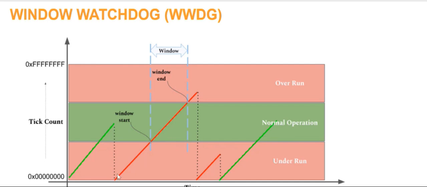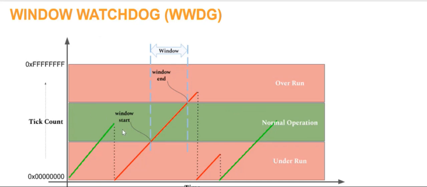If my refresh occurs above 8 millisecond, then also a reset happens. A reset will never happen if and only if my refresh happens between 5 millisecond and 8 millisecond, and that is called window WatchDog.